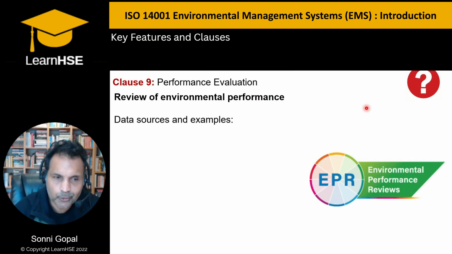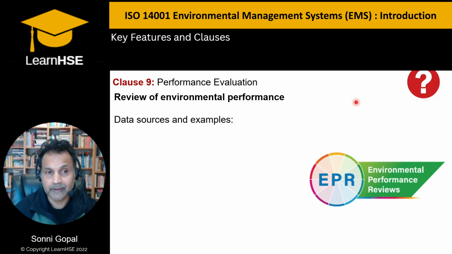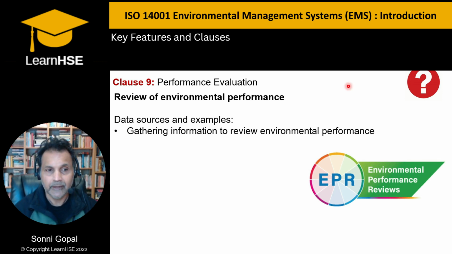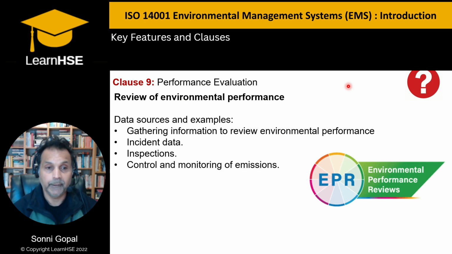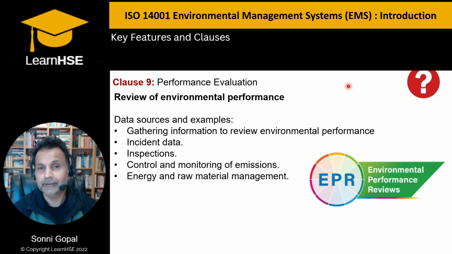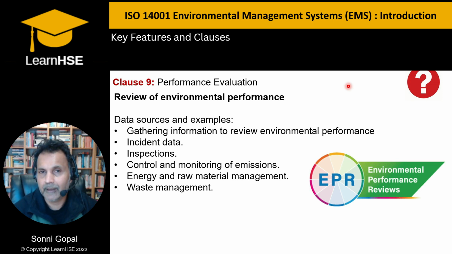But what about data sources and examples when it comes to reviewing environmental performance? Here, the organization needs to gather information to review the environmental performance. This could include things like incident data, inspections, control and monitoring of emissions, any energy and raw material data they have, how they're managing it, anything to do with waste, how we're managing the waste side in the business.